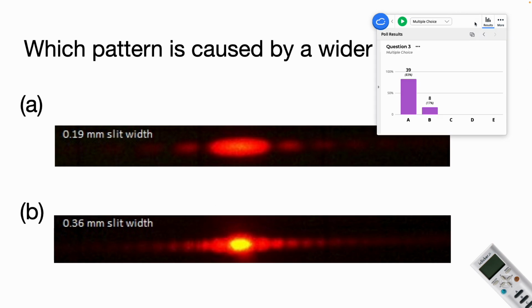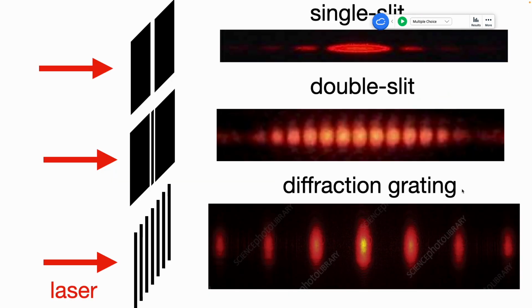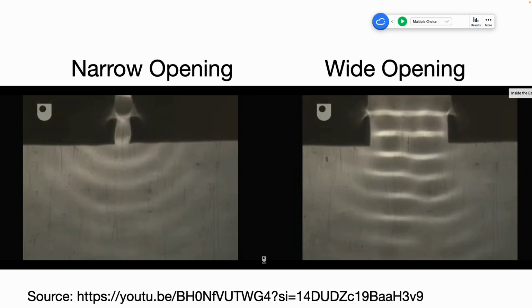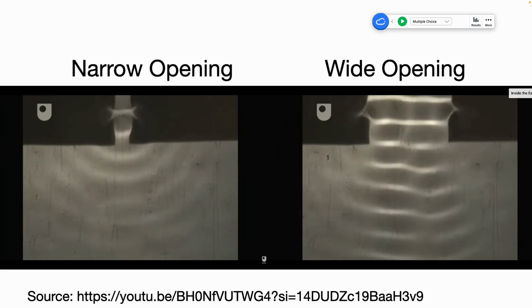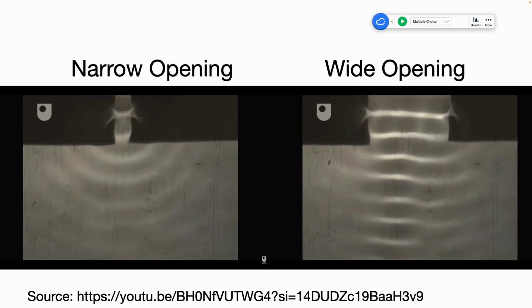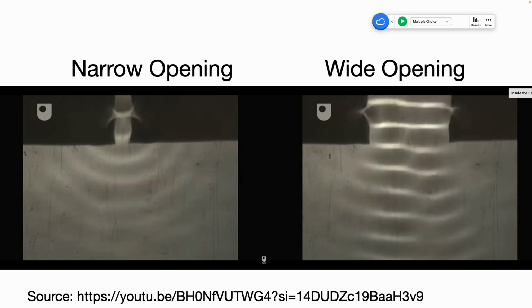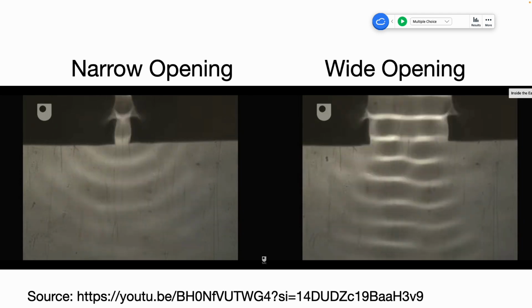So let's review why this should be true. For a wave passing through a barrier, when you have a wider slit, the wave doesn't spread out as much compared to a narrow slit. Same for this laser and single slit diffraction. When the laser passes through a narrower opening, when the slit is smaller, it actually causes more diffraction and causes the wave to spread out more.